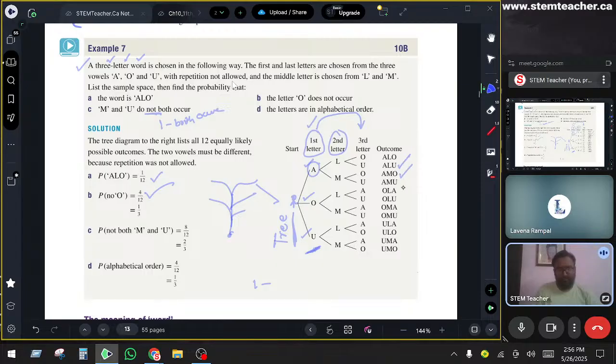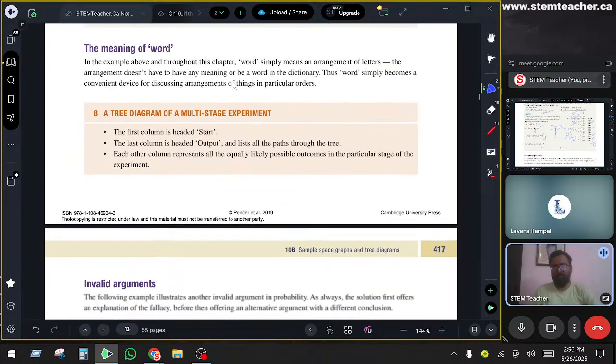There is M, this we need. The ones with both U and M we don't need. So in total 8 possible outcomes, each containing either M or U. That is the case. It is 8 over 12, then simplification, and so on. Similarly, you can understand the rest.